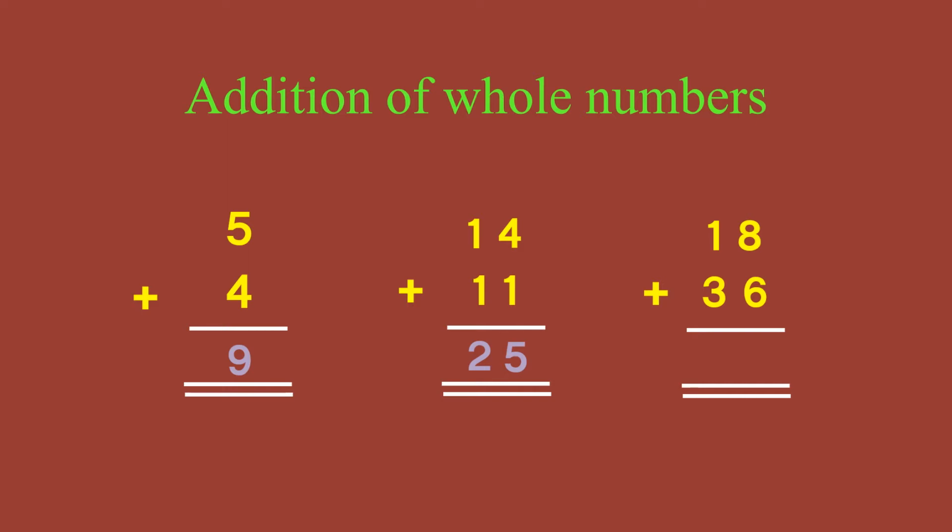So when we start with ones place, that is 8 plus 6. We know that 8 plus 6 is 14. So there are two digits. So how to mention it here? There's a question. So I'm going to get some help. We'll learn how to find that.